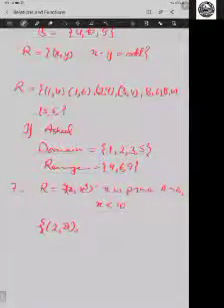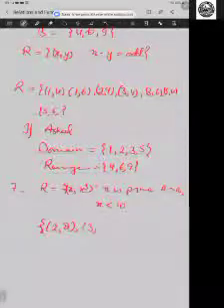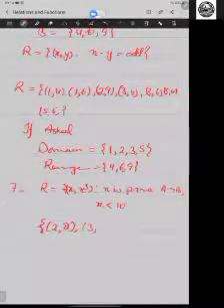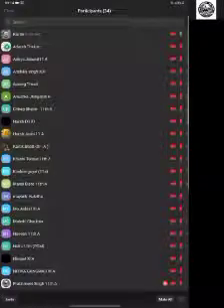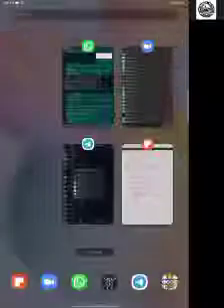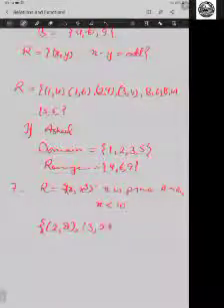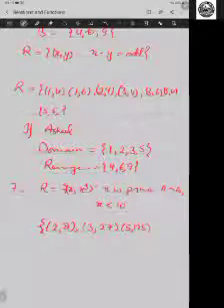Then 3, 27, 5, 125. Now 7, and 7 cube will be 343.